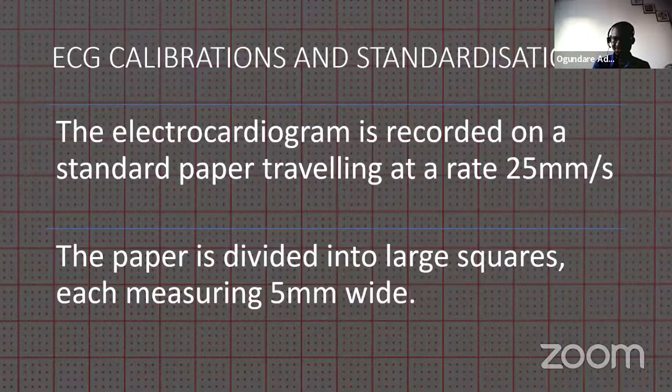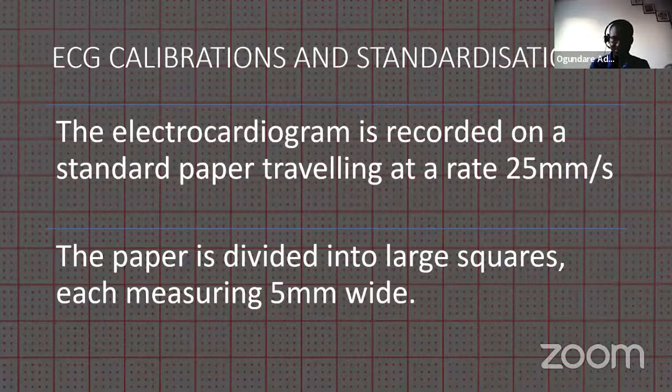One more question on that. If the standard ECG travels 25 millimeter in a second, how many seconds will it take to travel a large box? How many seconds will it take to travel 5 millimeter, if 5 millimeter is a large box?